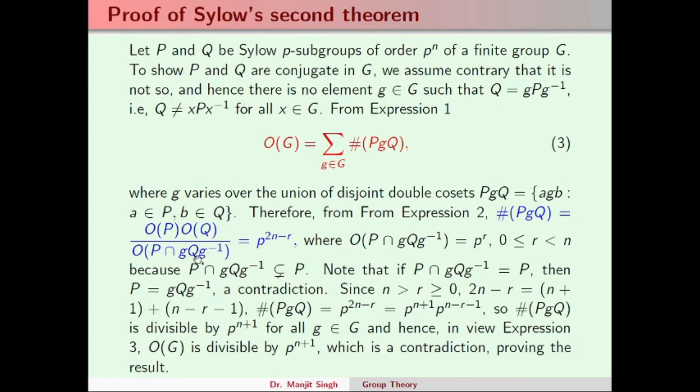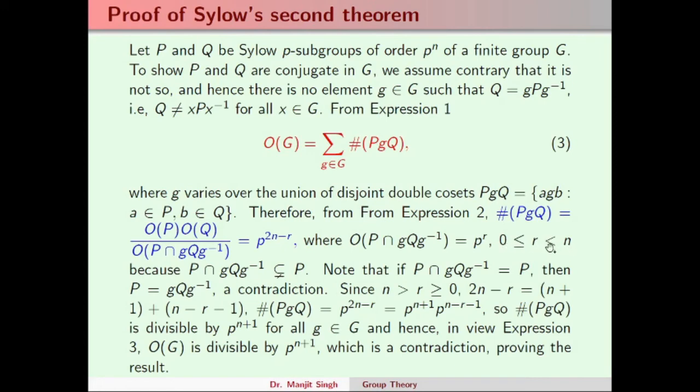P intersection gQg inverse is a subgroup of P, and since P is a p-group, its subgroup will also have order p raised to some prime power. So we can assume that the order of P intersection gQg inverse is p raised to power r, where r varies from 0 to n minus 1.